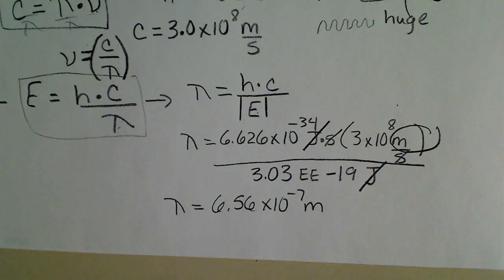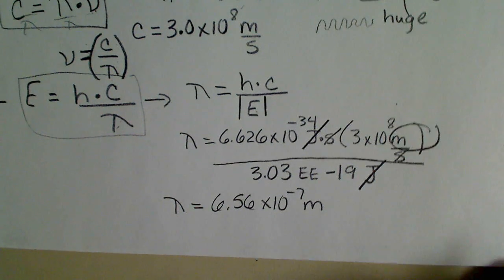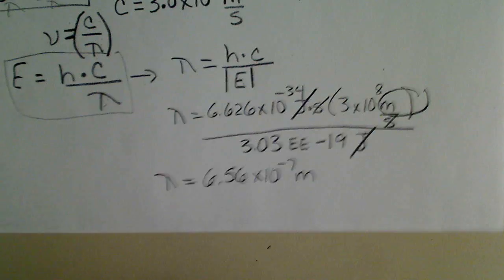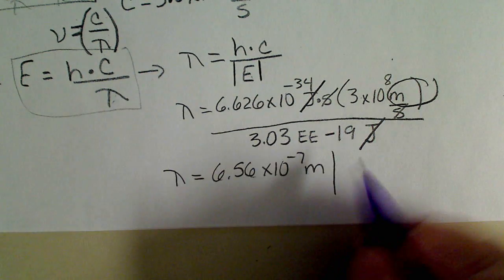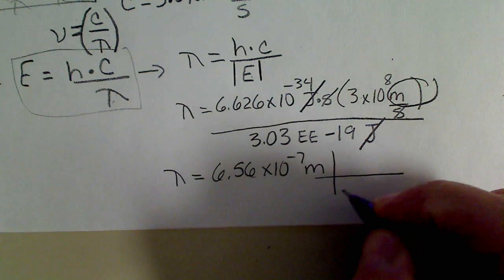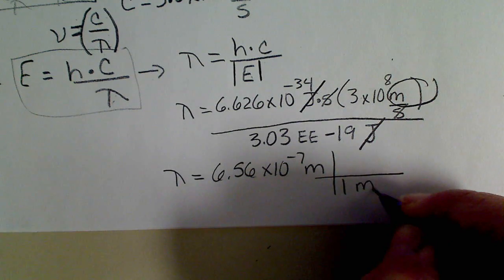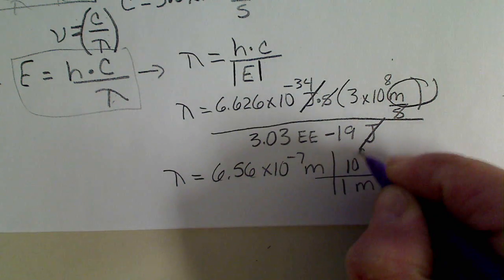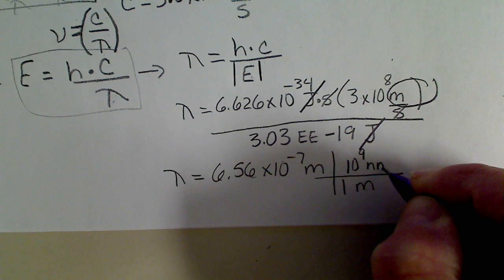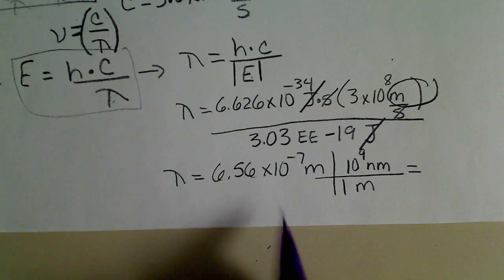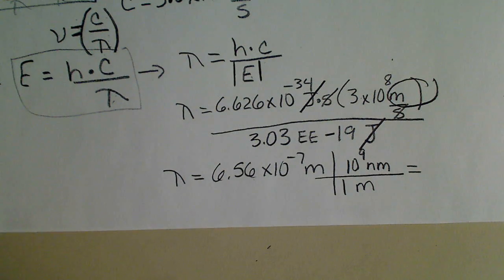If we would like to compare that to data that is in the book we just looked at, if we convert a meter to a nanometer, one big meter is 10 to the 9th little tiny nanometers.